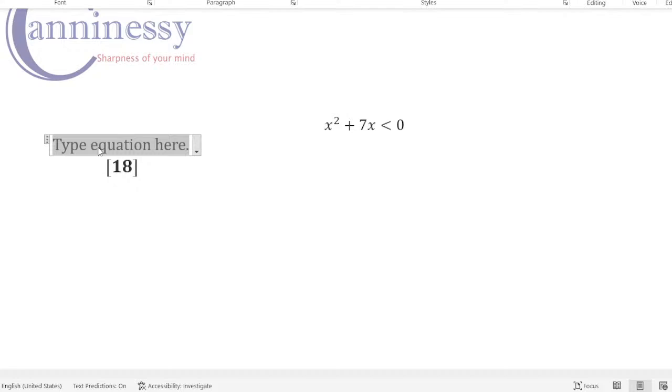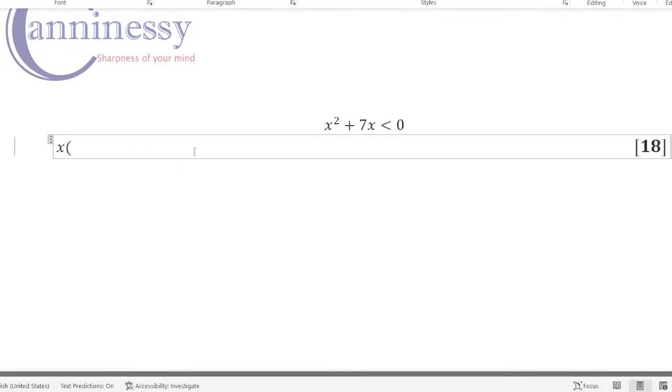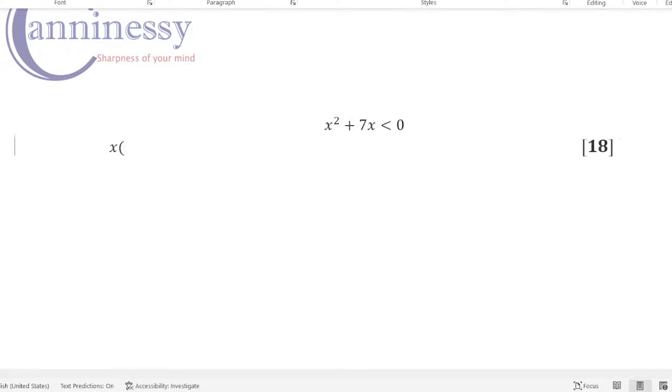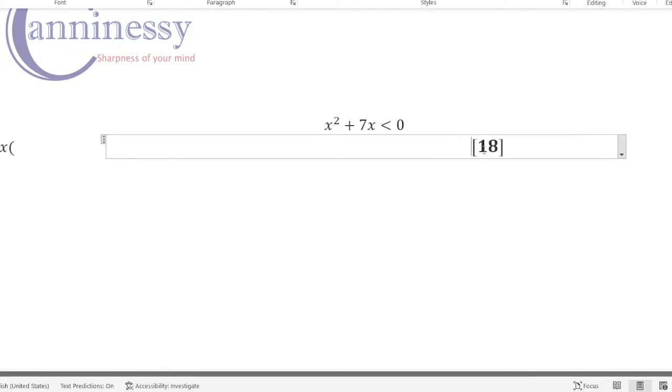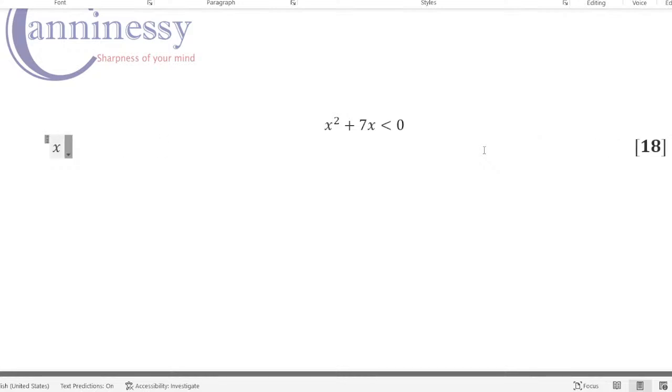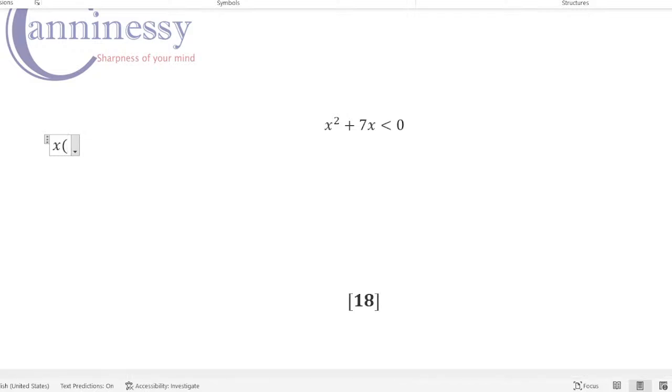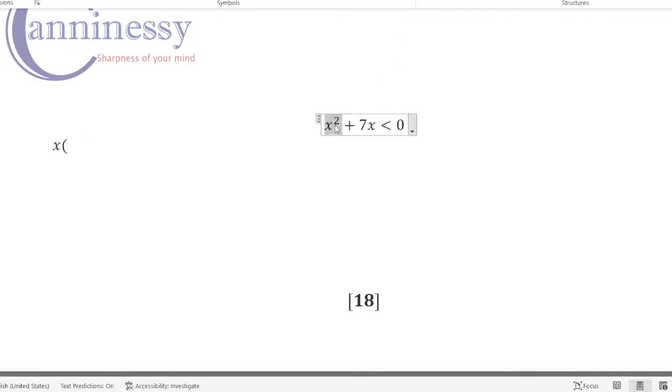So we're going to take out x and open brackets. x squared divided by this x will leave us with x.